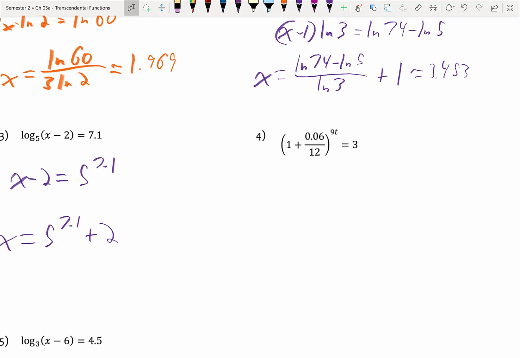This comes from equations that are all about growth or finances, especially compound interest. If I want to isolate t, which usually stands for time, I can take the natural log of both sides. So I get ln of (1 plus 0.06 over 12) raised to the 9t equals the ln of 3.